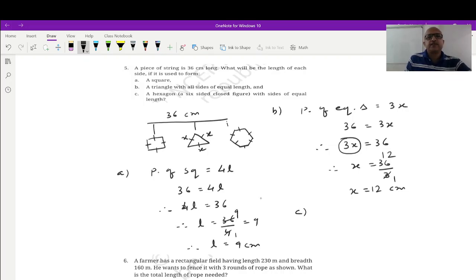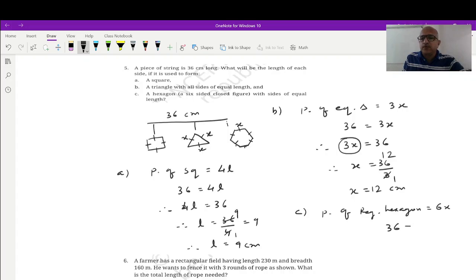Then for the hexagon, let's say each side measure is x. So perimeter of regular hexagon, that is 6 into x, because measure of each side is same, x plus x plus x plus x plus x plus x, so 6x. Again perimeter will be the same because the length of the string is the same.